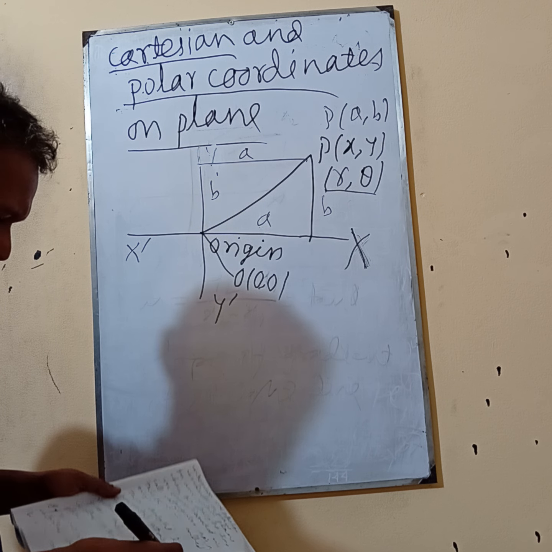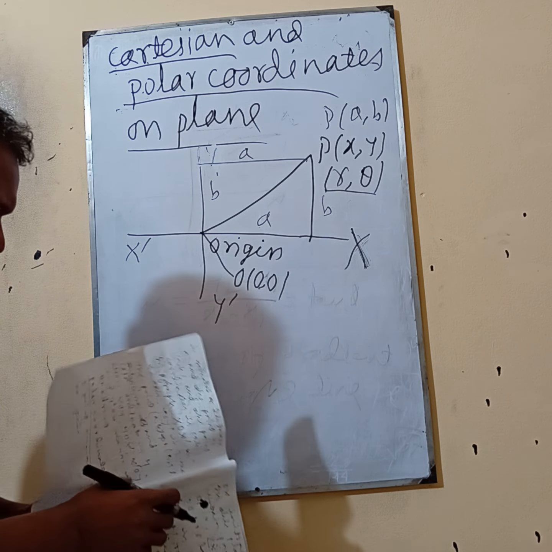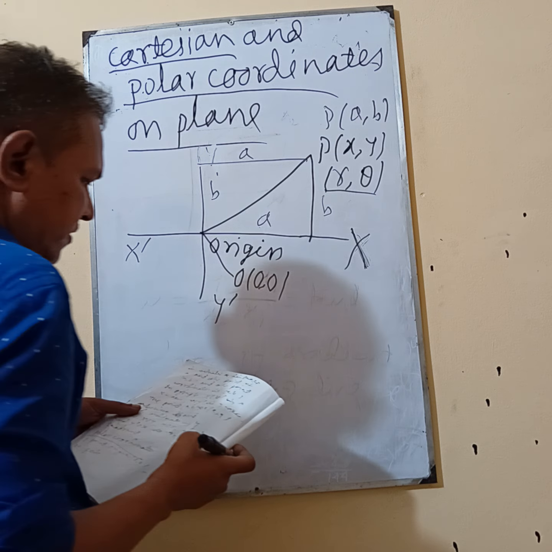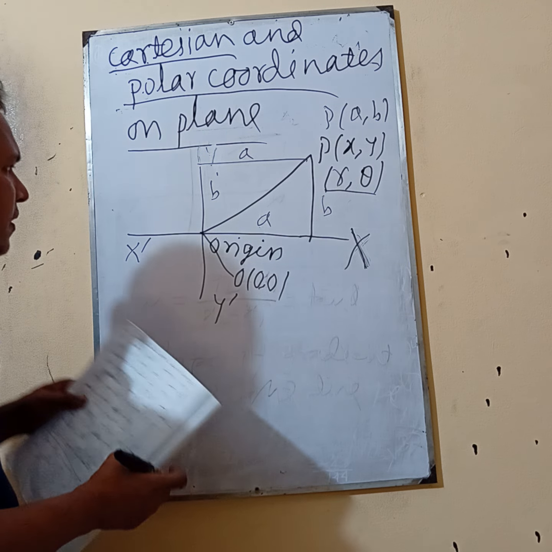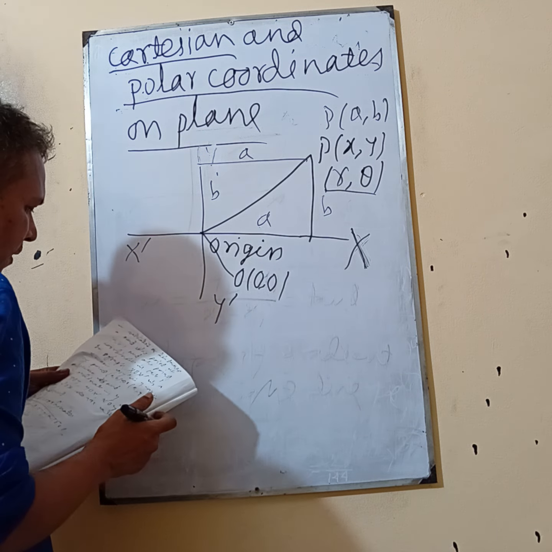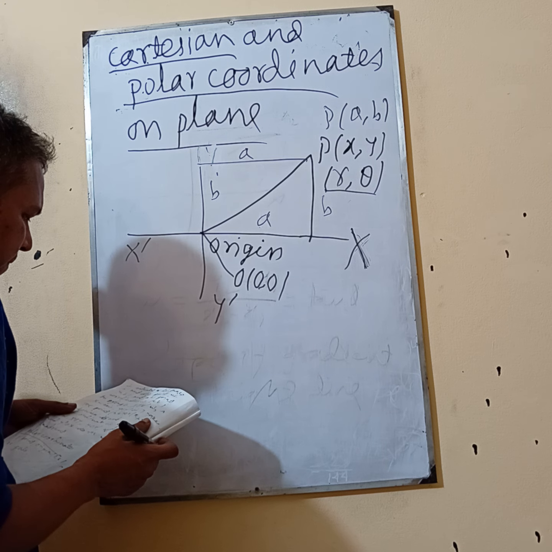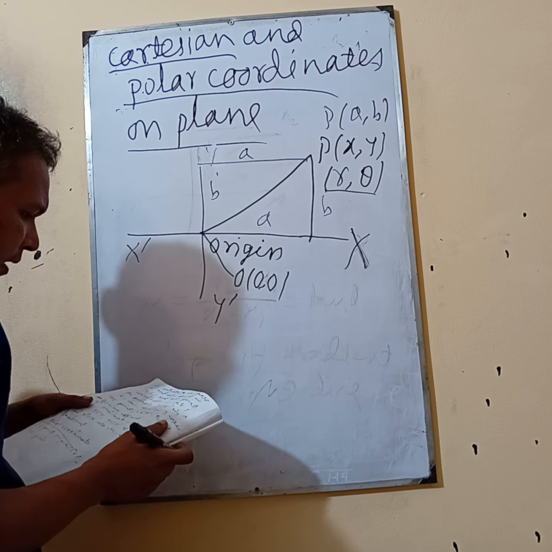Now the point is situated at a distance a, and the point is (a, b).